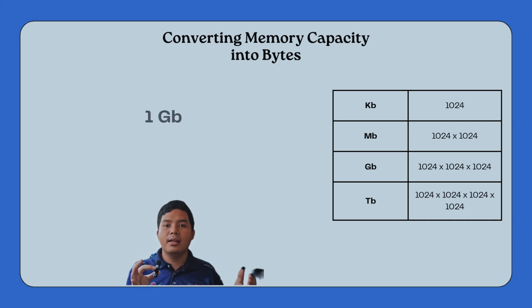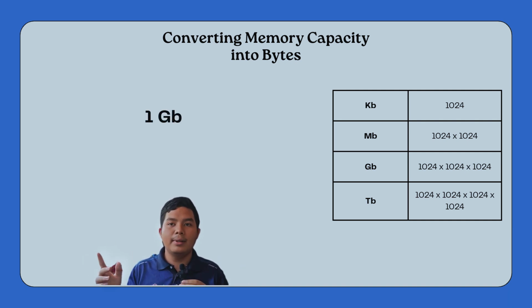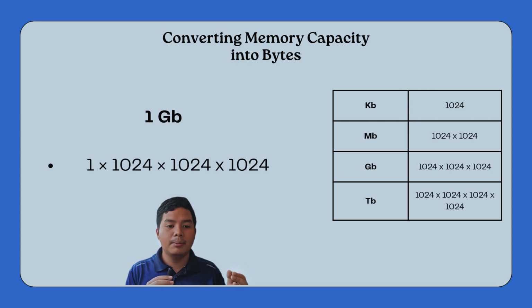Next, for the 1 gig, we look back at this table and see that we need to multiply by 1024 three times. So, our calculation will be 1 multiplied by 1024 three times and we will get this answer.